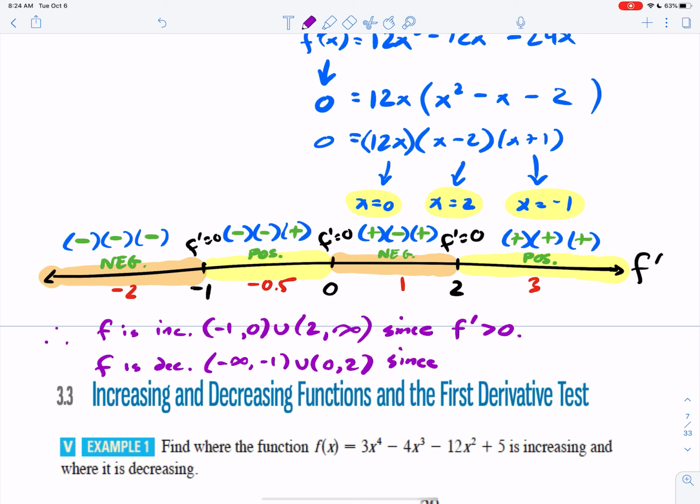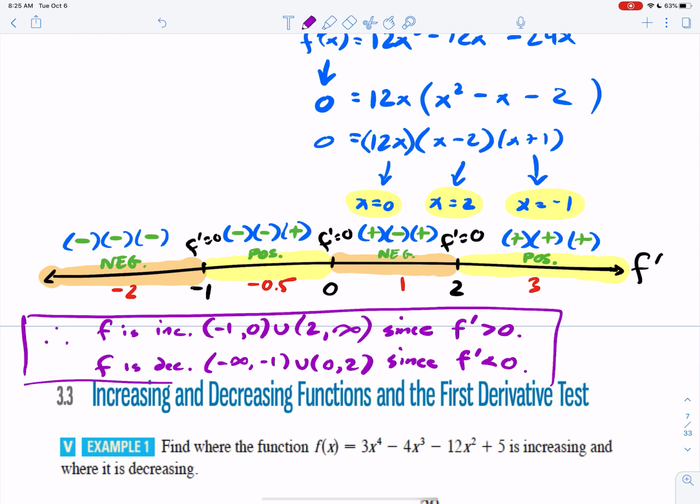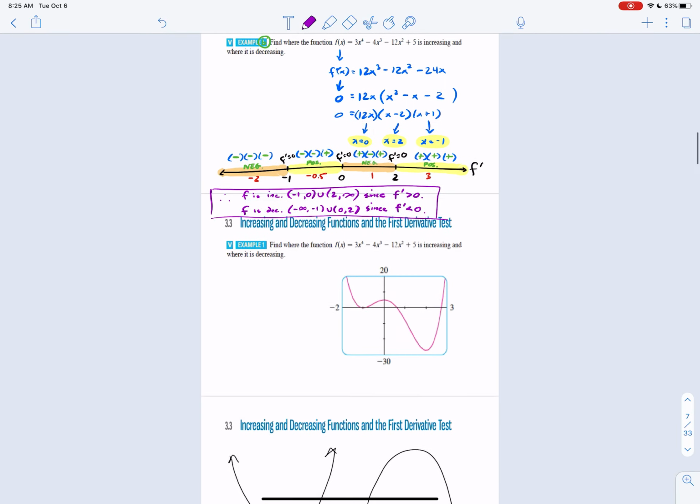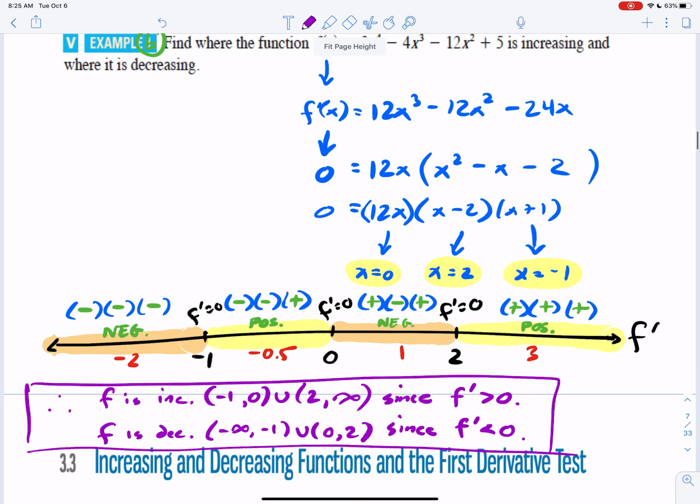We know that because this is where f prime is less than 0, negative. That's it. On the AP exam, putting a sign chart there and leaving it tells the AP reader nothing. You get 0 points. Making that conclusion from your sign chart is where you get all the money.